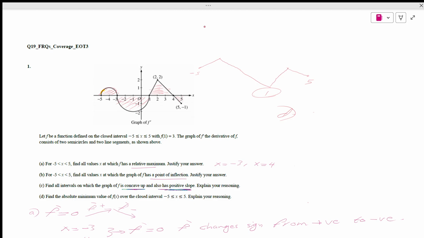So it's going to be at x equals 1. So the absolute minimum happens at x equals 1. The value is given, f of 1 equals 3. So f has an absolute minimum of 3.